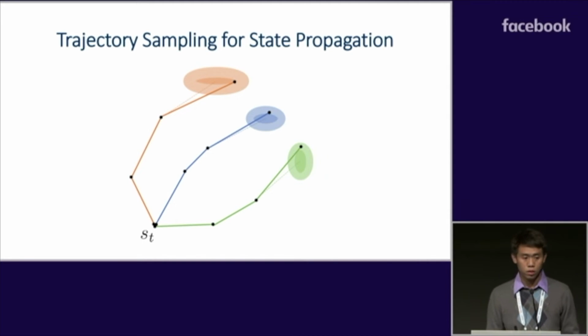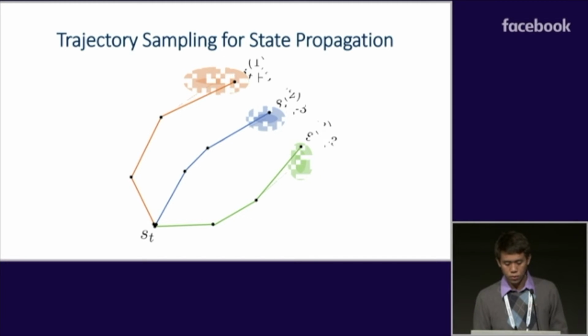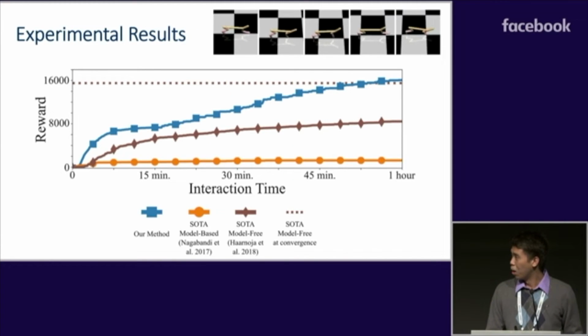So how well does our method perform? Here we have our method in blue, the state-of-the-art model-free methods in brown, and a prior model-based method in orange. We can see that our method is able to achieve the asymptotic performance of the model-free algorithm while requiring significantly less data.